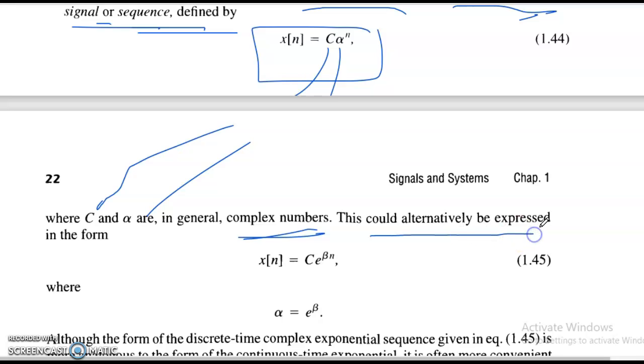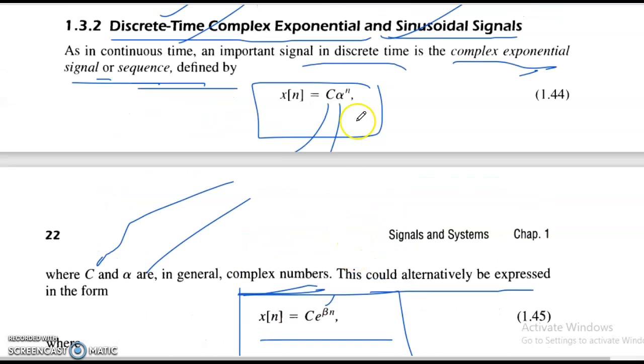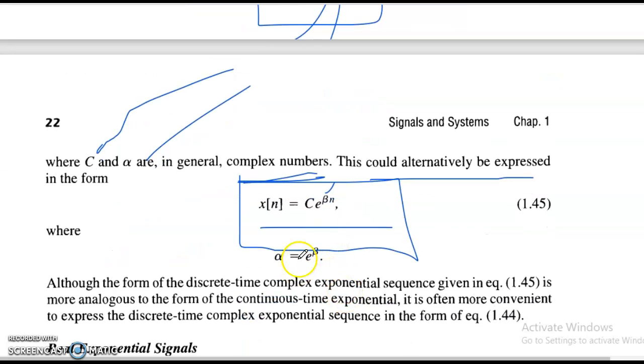This could alternatively be expressed in the form x of n equal to c e power beta n, where alpha equal to e power beta.